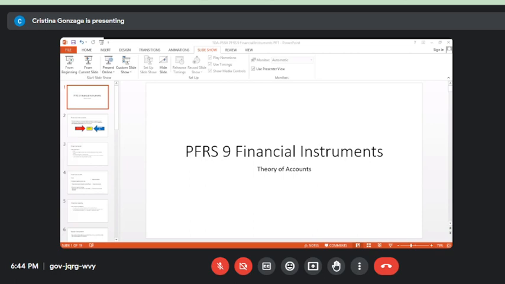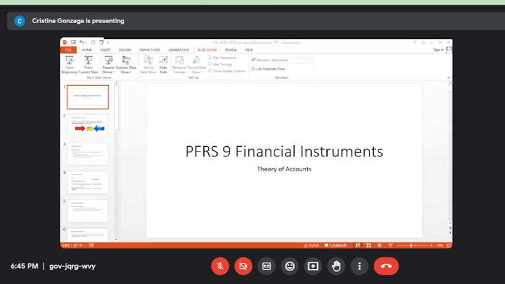So if I want to change it to Arial or say Times New Roman, I will have to select, because if I will not select a font type, it is sure that the default is Calibri. Okay? O, di ba may mga default?